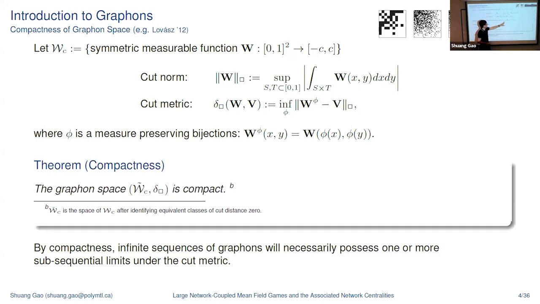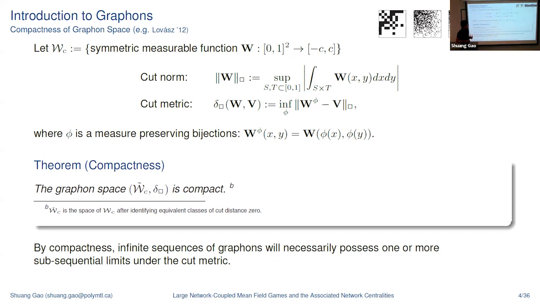So you look at the graphon, you relabel its index, and you put the relabeled index into the original graphon that generated the same value. And when we compare two graphs, we want to make sure we compare them with the best possible choice of these relabelings. So we take an optimization over the relabelings that gives us the cut metric.